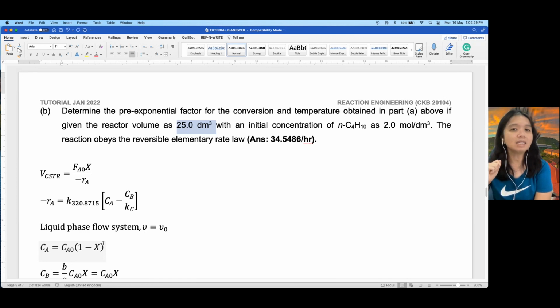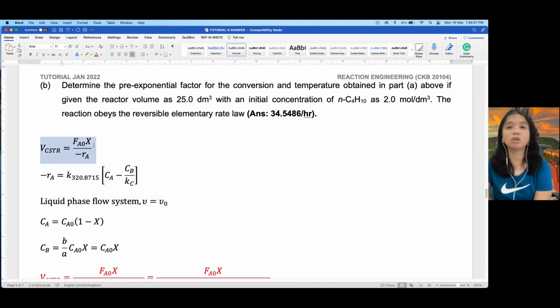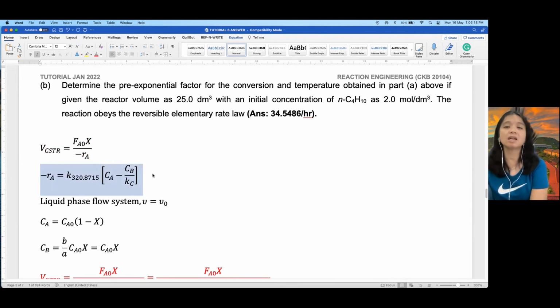Bear in mind, this is a reversible elementary rate law. So we have to start from the very beginning. So first, the design equation: volume of CSTR equals FA naught X over minus RA. Then now we find the rate law for this reaction.